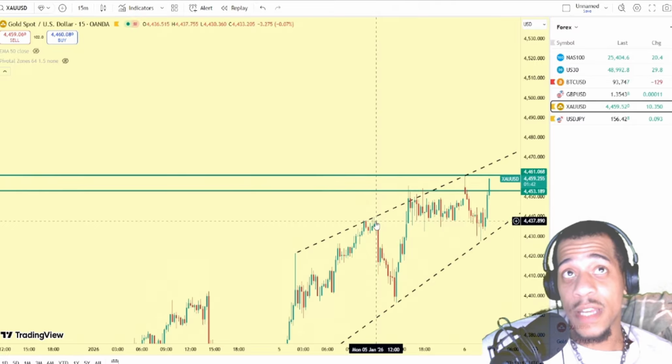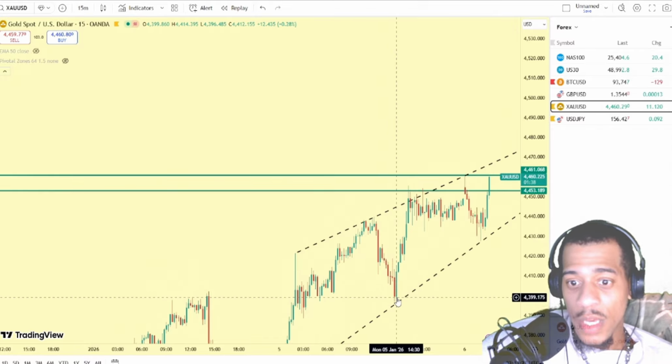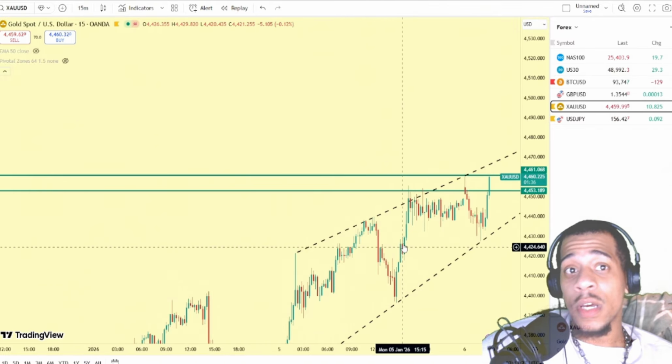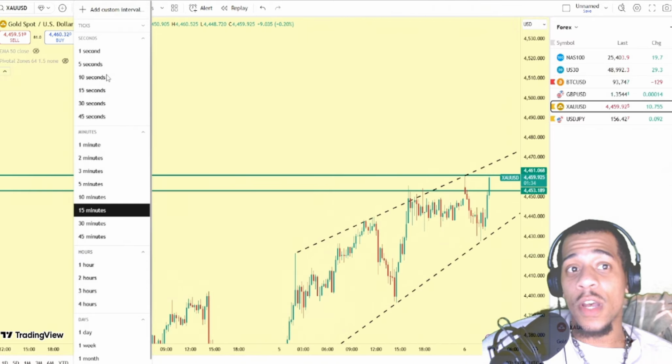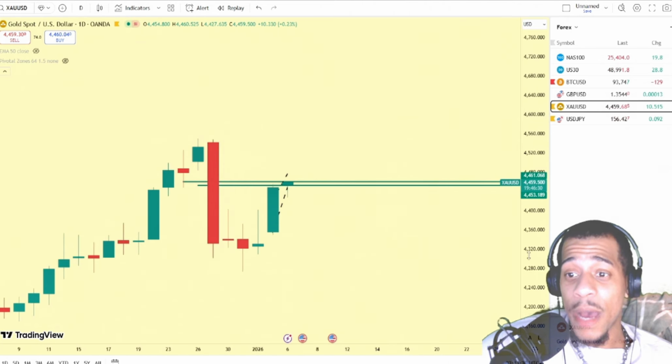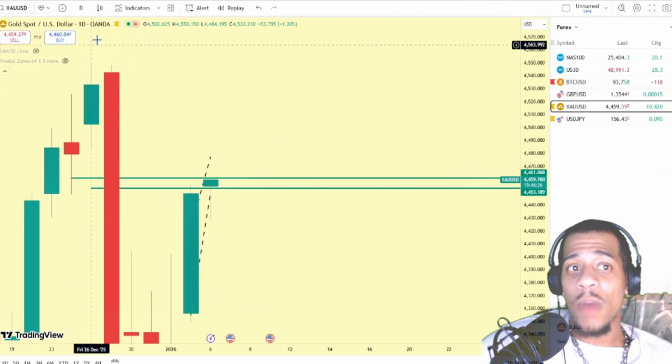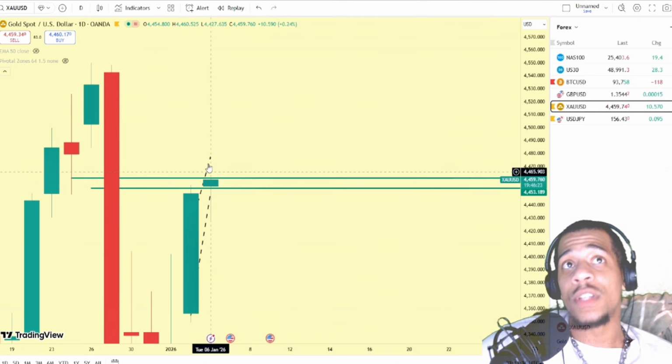Look at the date, Monday, January 26th. It started off going down, and then it's been going up for the rest of the day. So if we go to the daily time frame, yeah, this morning it might have been going down, but ultimately right here, that day ended green, which is bullish.